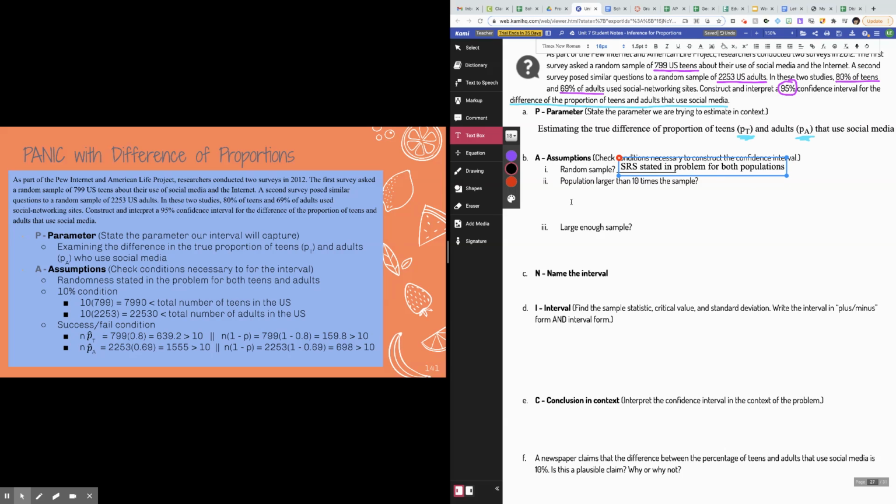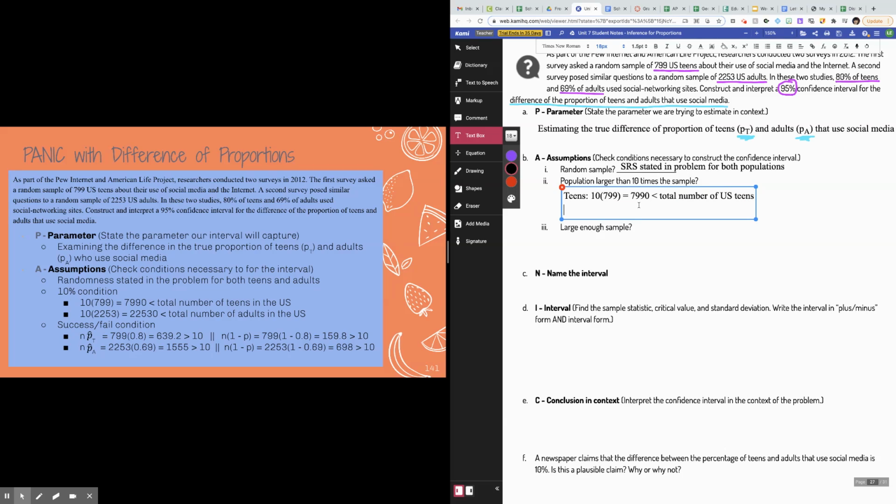All right, next I have to check, is my population larger than 10 times the sample? So for teens, right, I'm doing 10 times the sample size, which is 799, right? And that is 7,990, and that's definitely less than the total number of US teens, right?